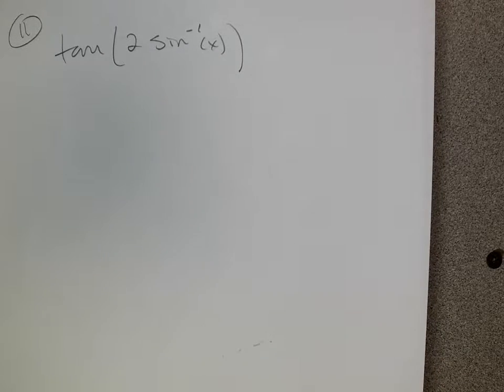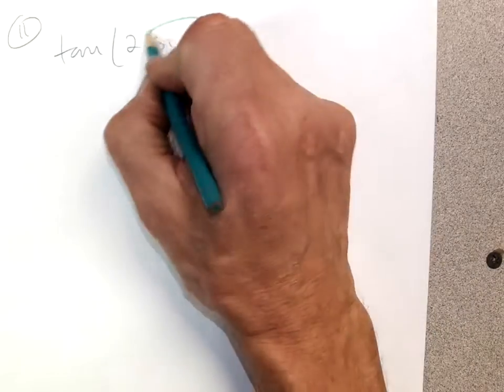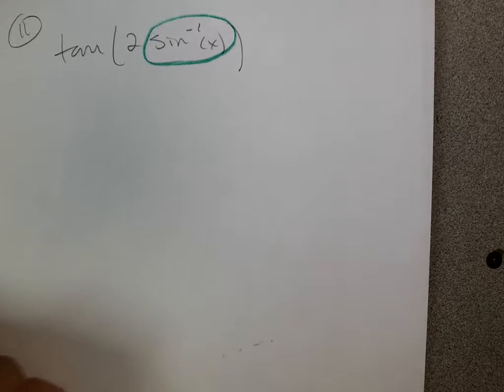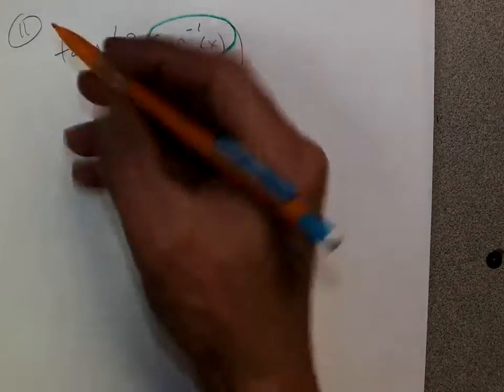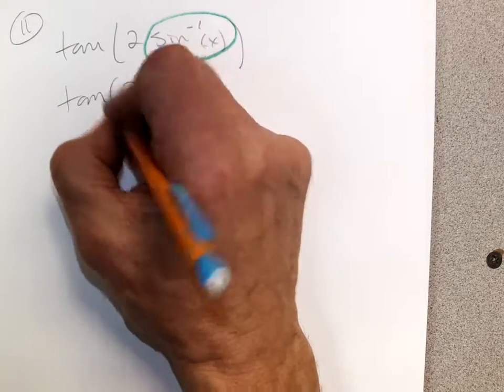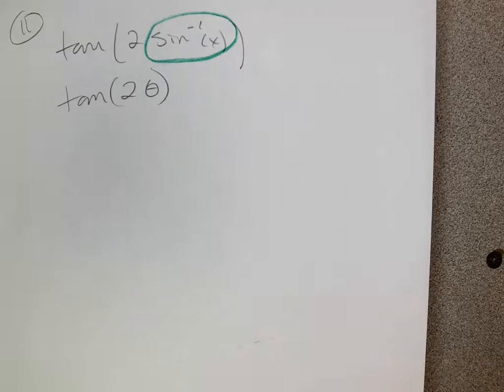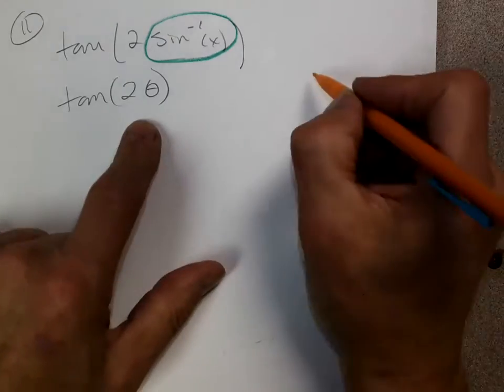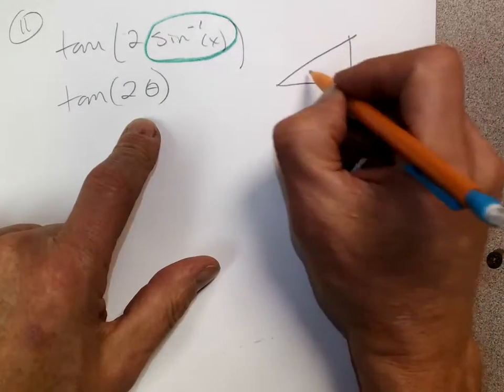This is an angle. Anytime you do an inverse of something, it's an angle. So let's rewrite this whole thing as tangent of 2 theta. Okay? So I probably ought to build a triangle. And if I build a triangle, then I can make an angle theta. So let me build a triangle here, okay? Here's my theta.